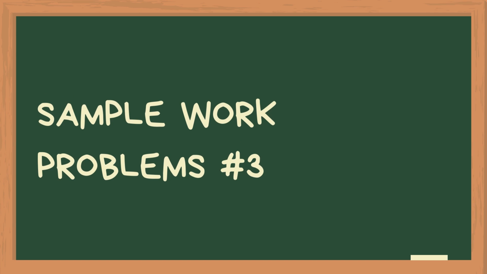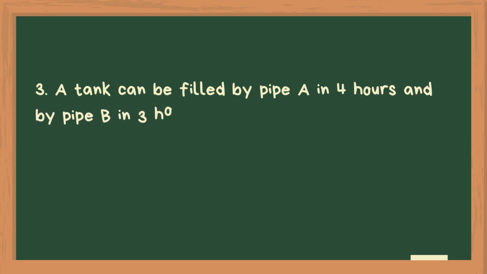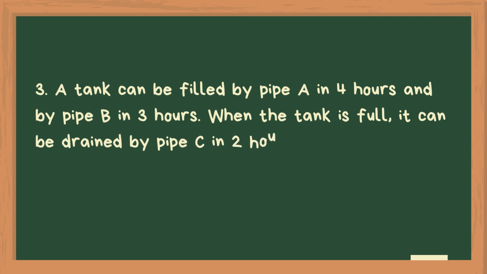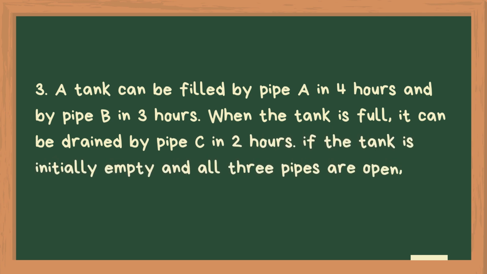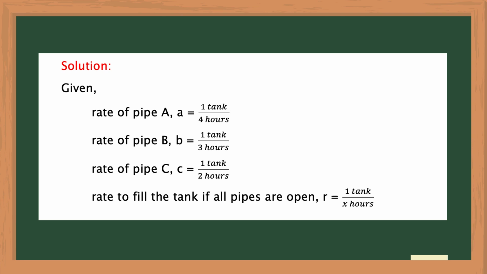Sample work problem number 3. A tank can be filled by pipe A in 4 hours and by pipe B in 3 hours. When the tank is full, it can be drained by pipe C in 2 hours. If the tank is initially empty and all 3 pipes are open, how many hours will it take to fill up the tank?